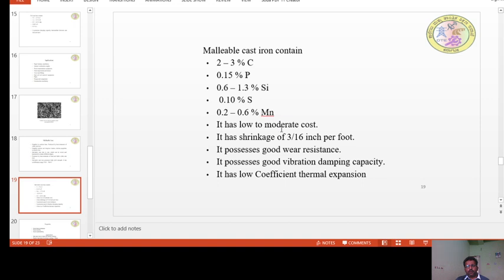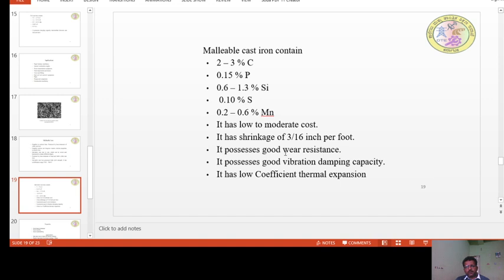It has low to moderate cost. Cost is not high or not low. It has a shrinkage of 1/16 inch per foot, and this shows the shrinkage.